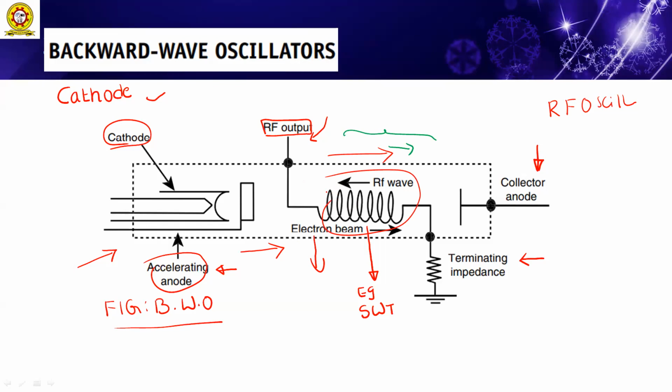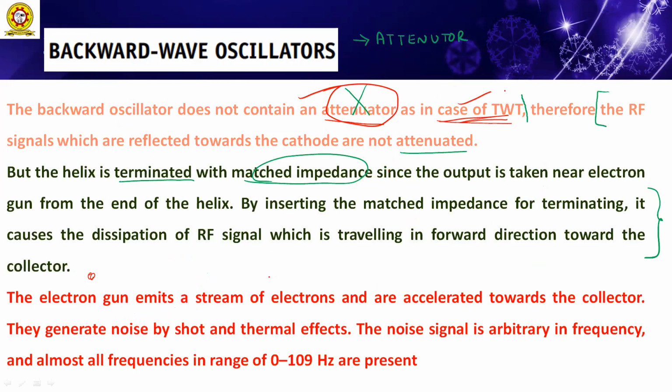Like the traveling wave tube, in this backward wave oscillator also bunching takes place, therefore increasing the compactness of the electron beam. From cathode to collector, the interchange of energy between the electron beam and the RF wave occurs exactly as in the traveling wave tube. That's why I mentioned one point here.